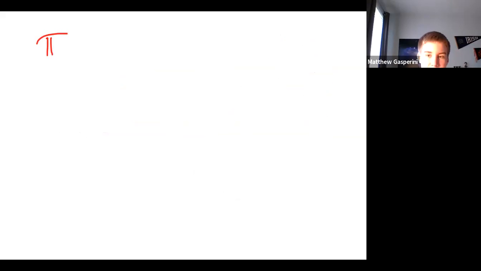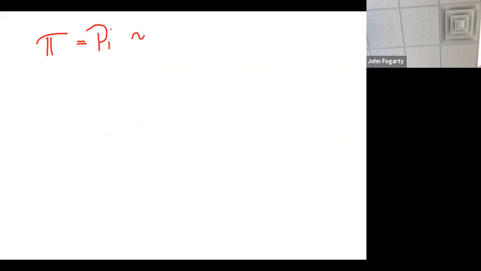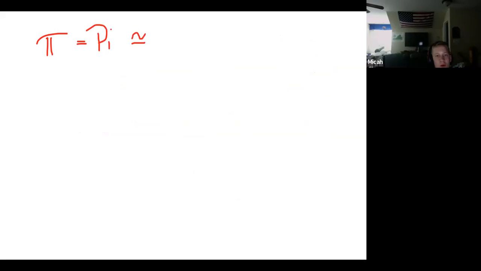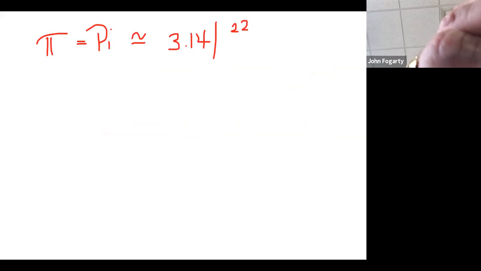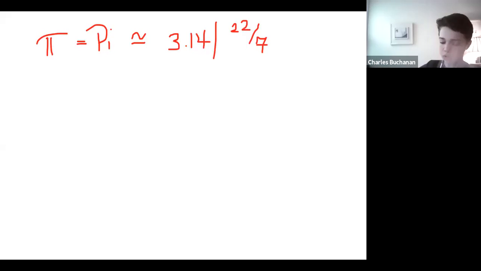Now, anybody know what that is? Pi. Very good. Somebody give me an approximation. 3.14. Yep. Or what could you use if you were using fractions? 22/7. If you were using a fraction, you would use 22/7.